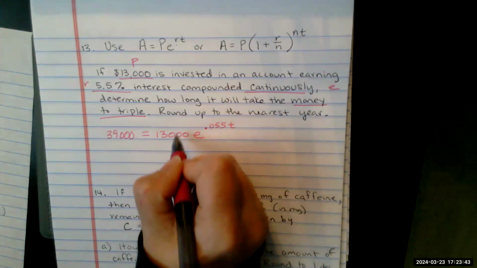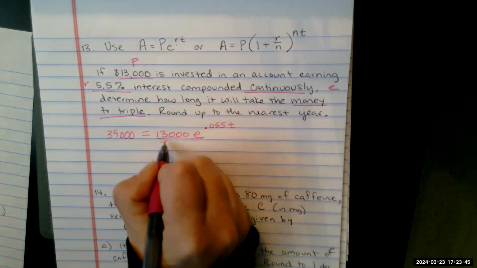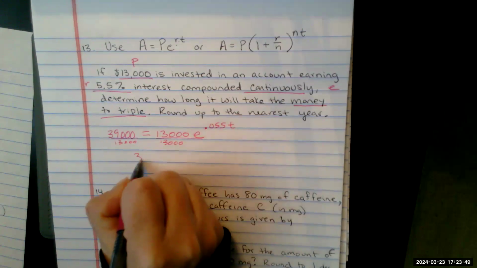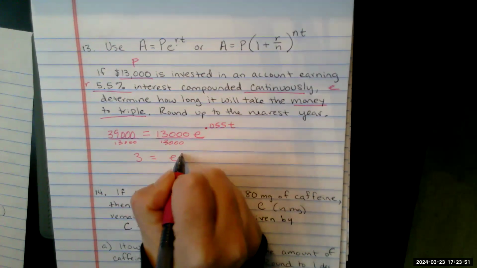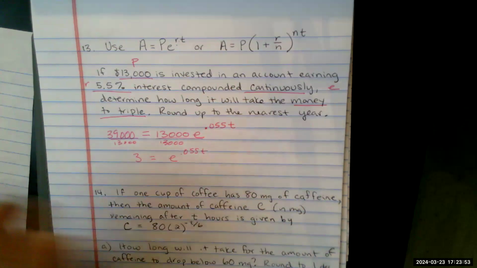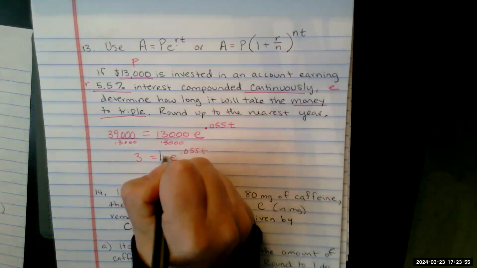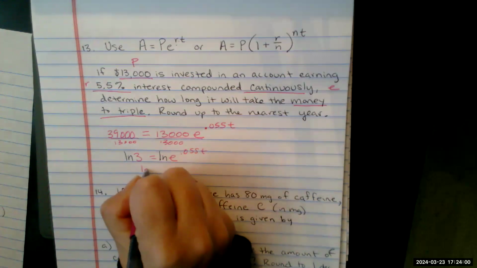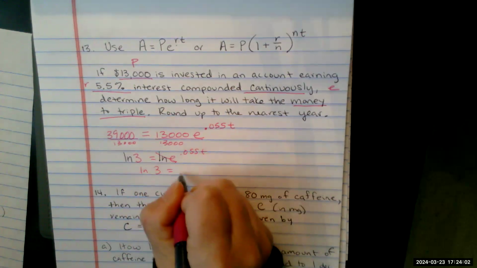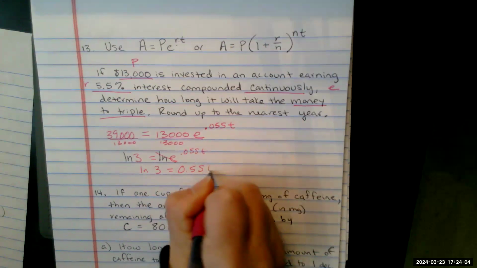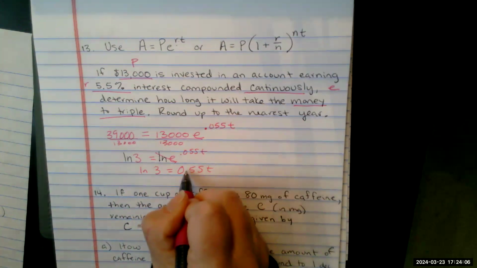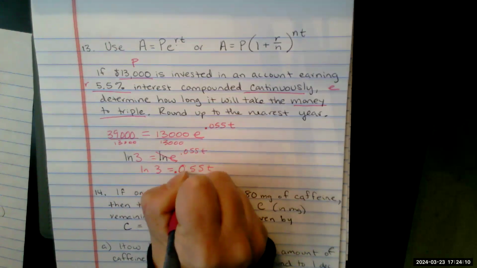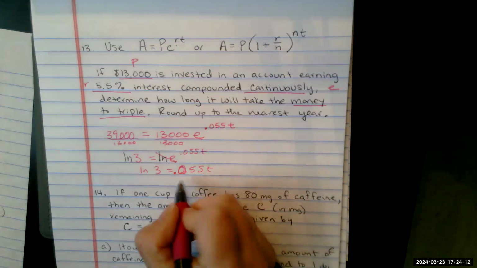So now to solve this, I would divide by 13,000 first. That gives us 3 equals e to all this. To get rid of the e, we do our ln. So ln 3 equals this. Oops, I'm missing a 0 there. 0.055t.